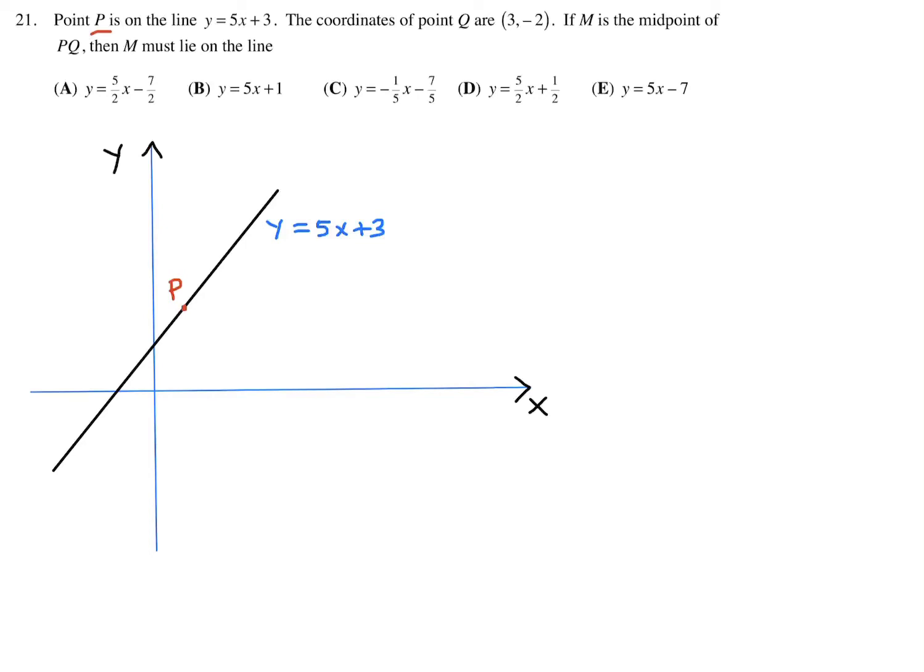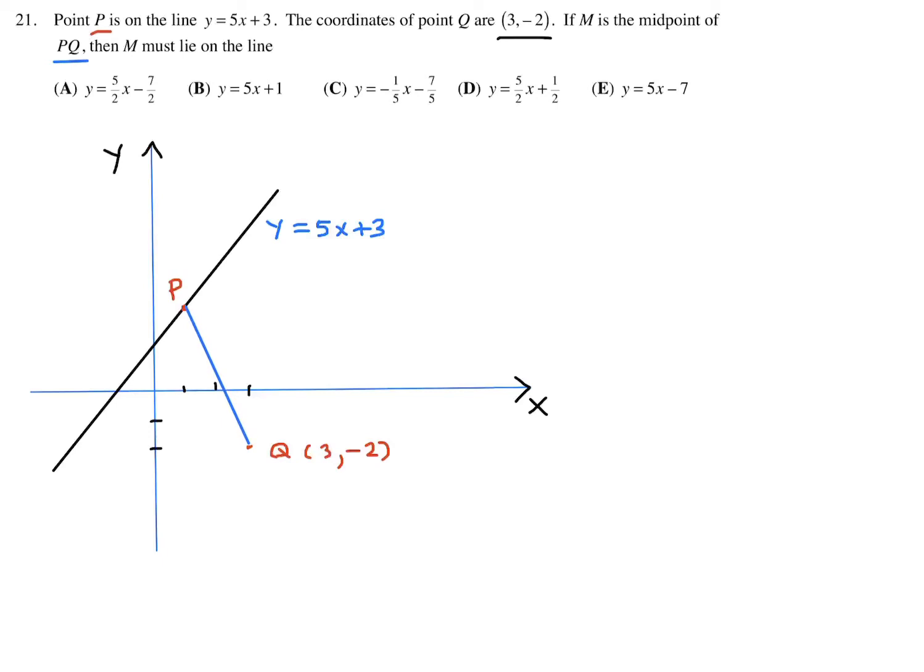Then they've given us an additional point, 3, -2. So 3, 1, 2, 3. So this one is going to be our Q, 3, -2, approximately there. And they're saying that you are going to connect those two to create a PQ like this.